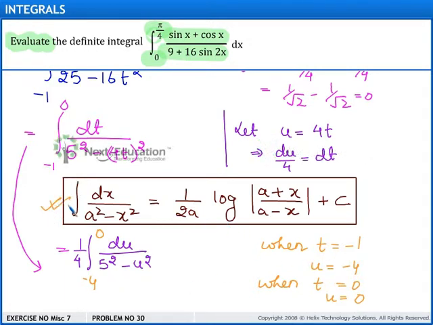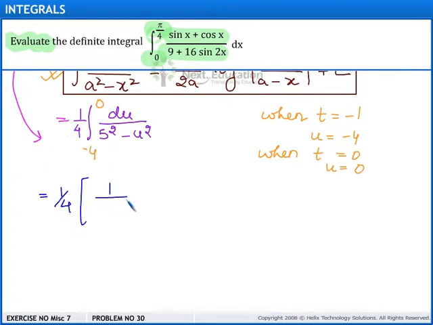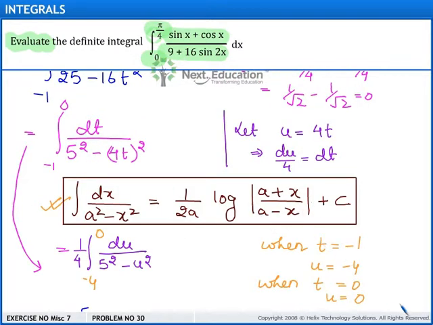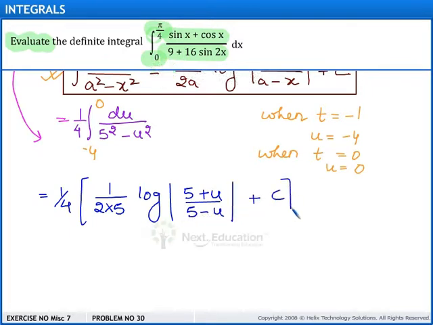So using this formula, this integral can be written as 1 upon 4 as it is, then 1 upon 2a, that is 1 upon 2 into 5, log mod of (a + x) divided by (a - x). So we have (5 + u) divided by (5 - u) plus the constant c from minus 4 to 0.